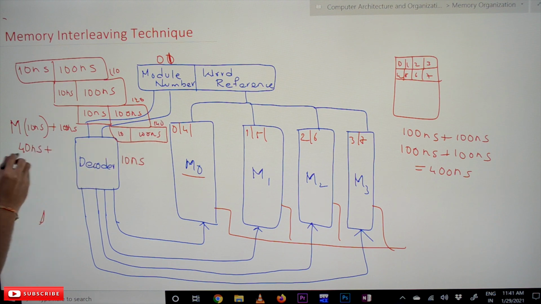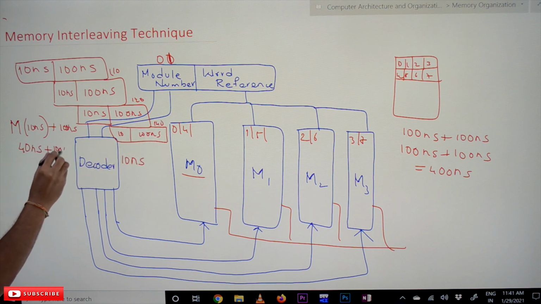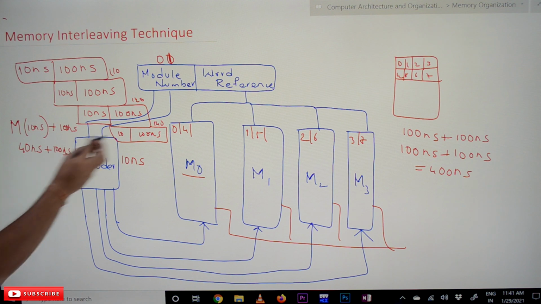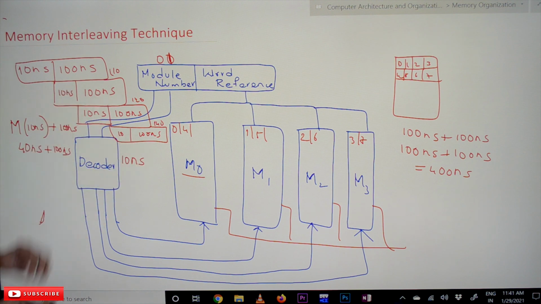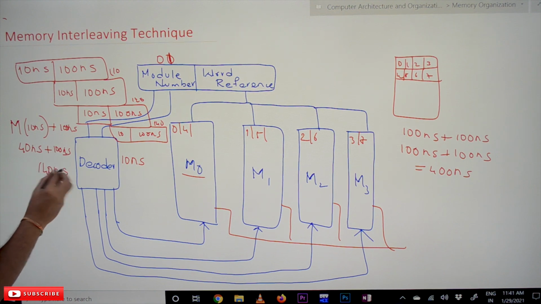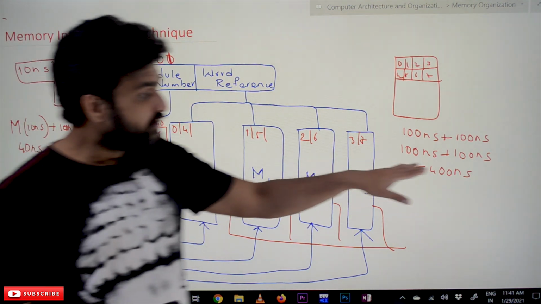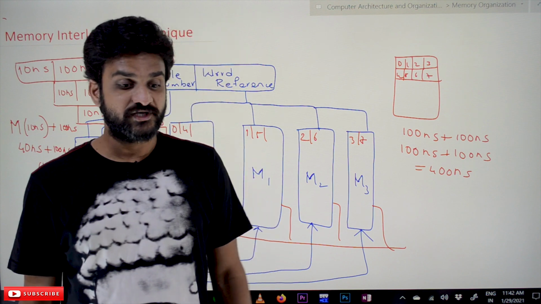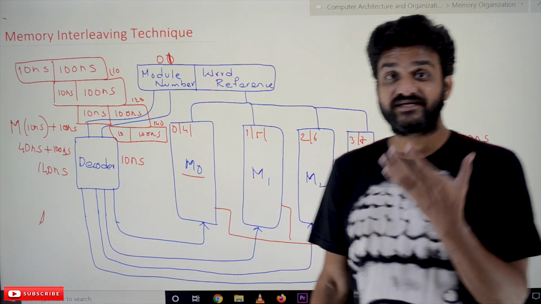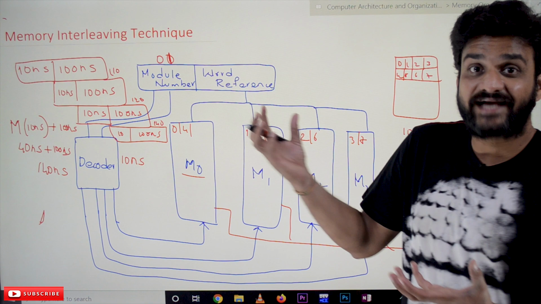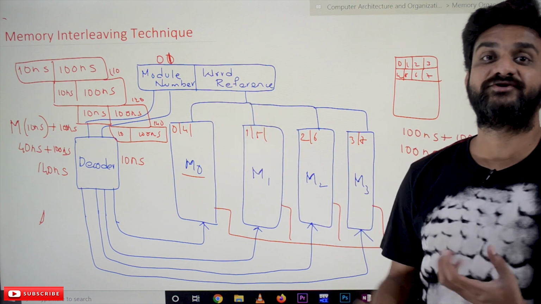Here, 40 nanoseconds plus 100 nanoseconds. So the amount of time taken by the memory interleaving technique is 140 nanoseconds, whereas our previous technique is going to take 400 nanoseconds. So this is the technique by which the access time of the memory will get reduced.